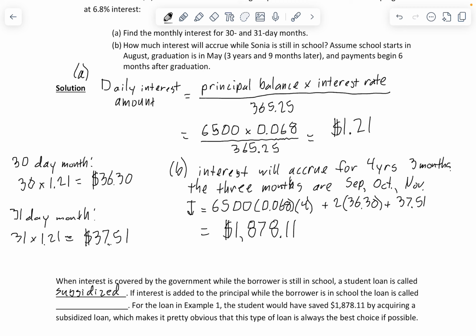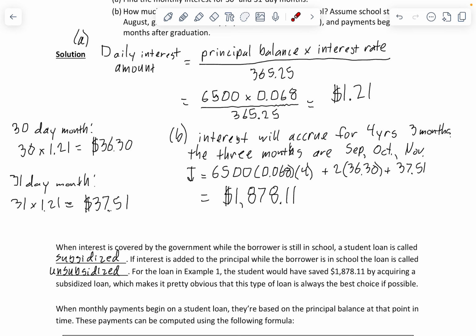If interest is added to the principal while the borrower is in school, the loan is called unsubsidized. For the loan in example 1, the student would have saved $1,878.11 by acquiring a subsidized loan because the government would have covered that amount. So that makes it pretty obvious that this type of loan is always the best choice if possible.